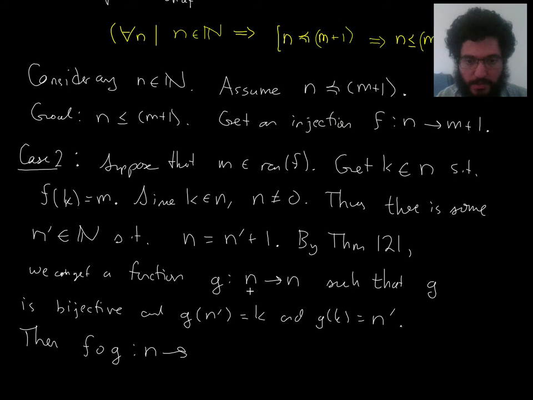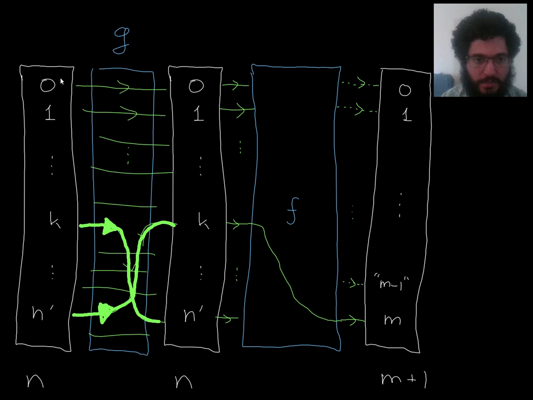So f composed with g goes n to n to m plus 1. So f composed with g is this kind of map, n to m plus 1. That's just expressing what we see in the picture here, that it starts from this box and ends you up in this box.